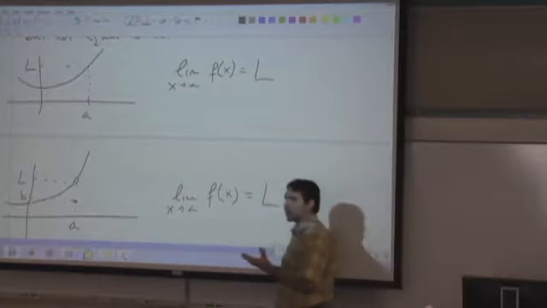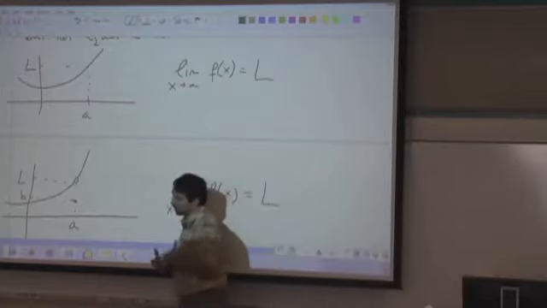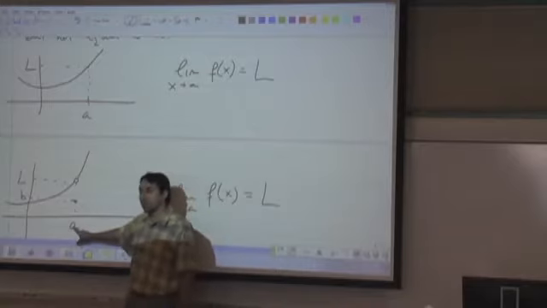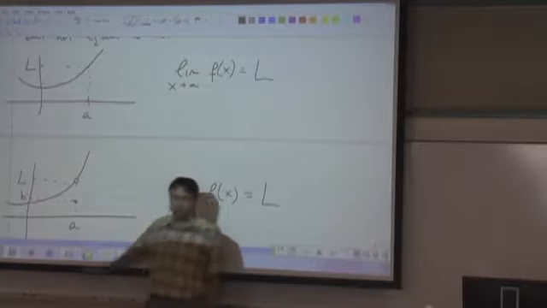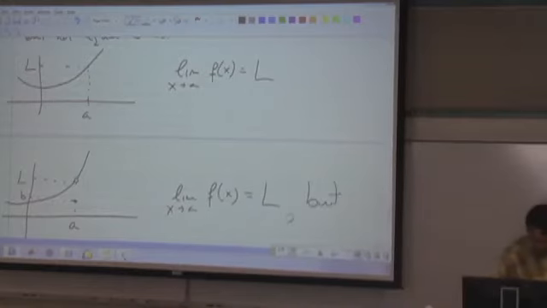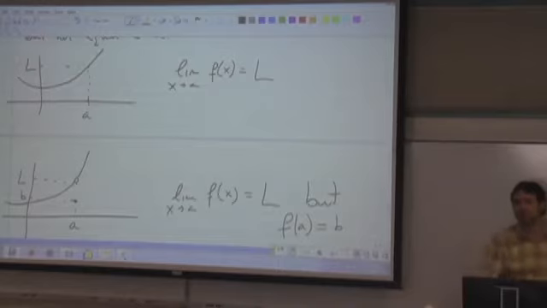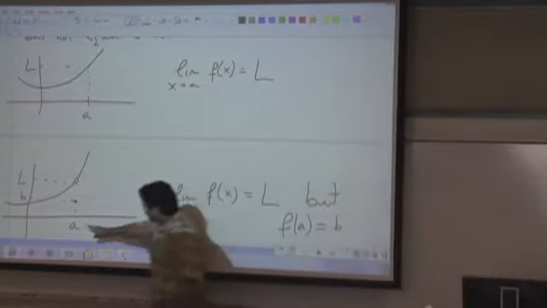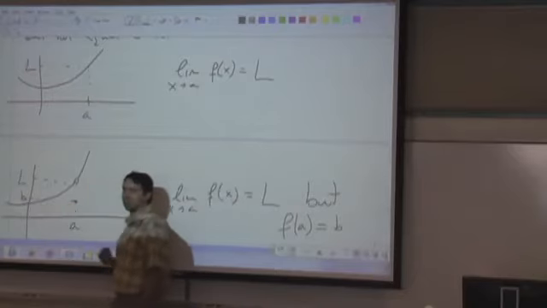And this is where things are starting to come together, in the sense that we're interested in the behavior of f close to a, not at a. I don't care what the value of f of a is. Okay? So let me just write it here: f of a is in fact equal to b, because I defined it to be b.